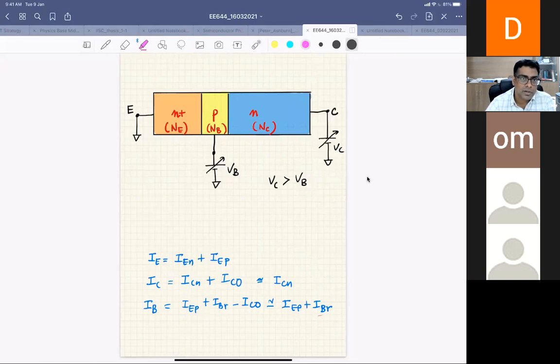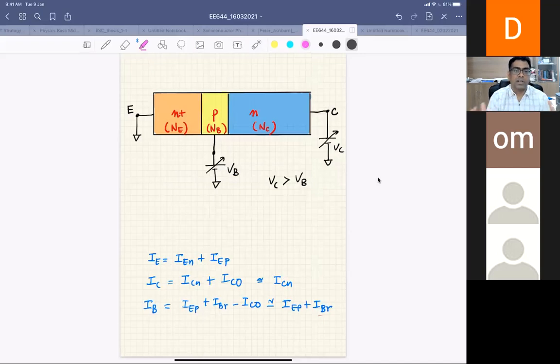And your output port is your collector base junction. You always take your output either from the collector or the emitter. In normal operation, if the base emitter junction is forward biased and the collector base junction is also forward biased, then we call it the saturation mode of operation.